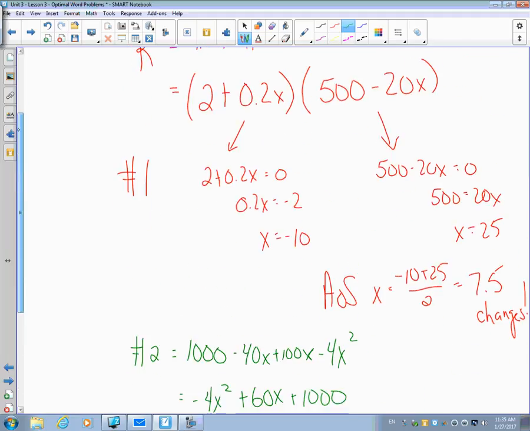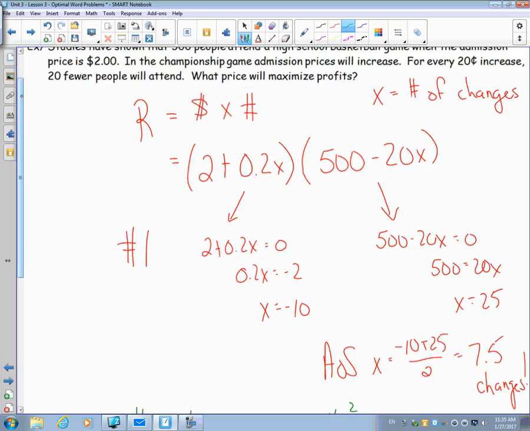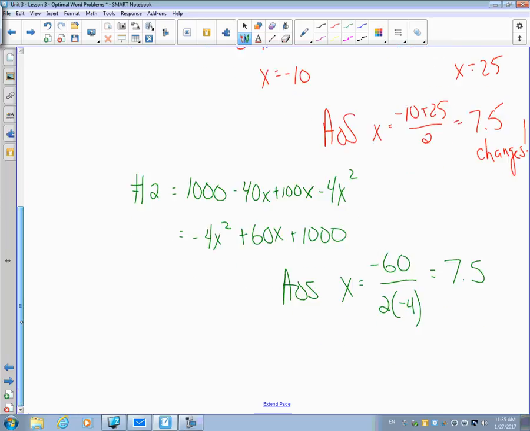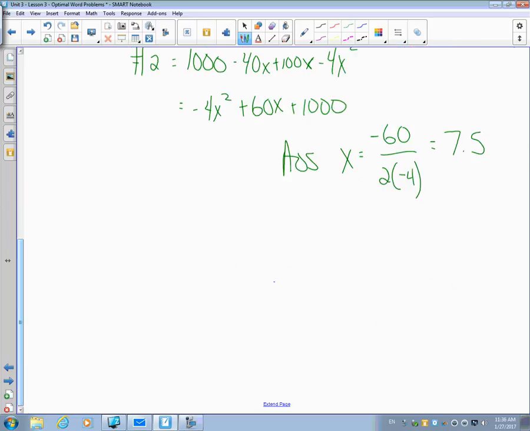The question was, what price will maximize our profits? Our price comes from this part of the equation. Price equals 2 plus 0.2x. Just write that down. Price equals 2 plus 0.2x, where x refers to how many changes to our price we should make. We said there should be 7.5 changes.